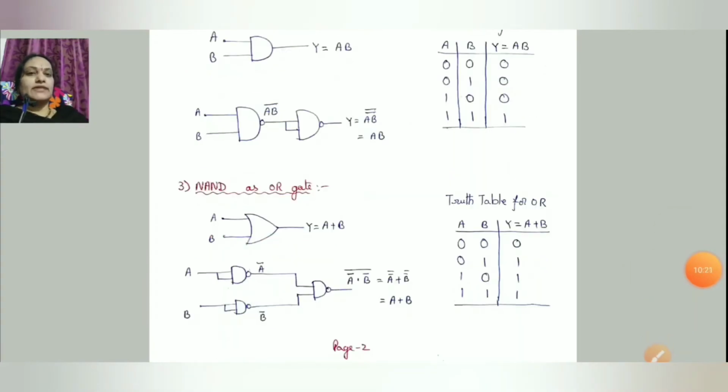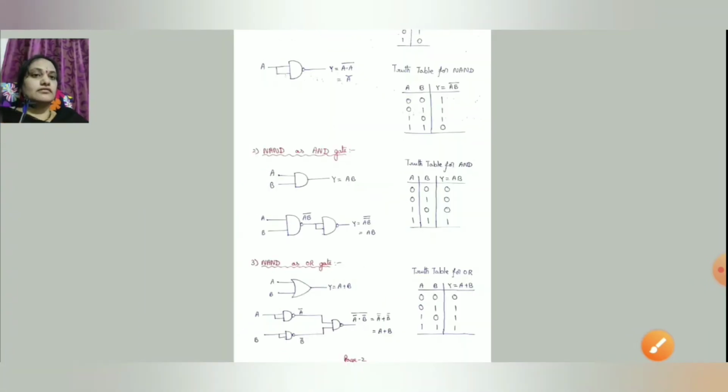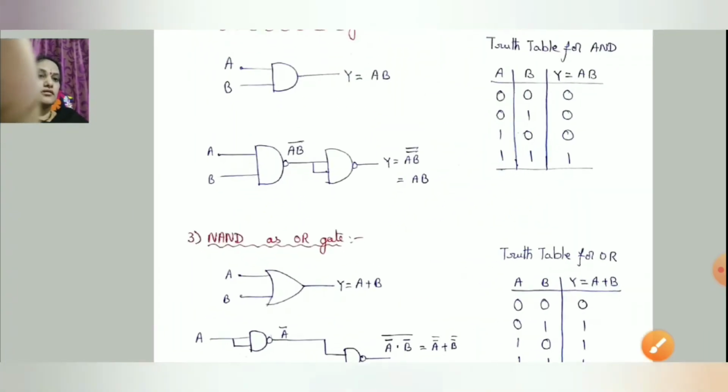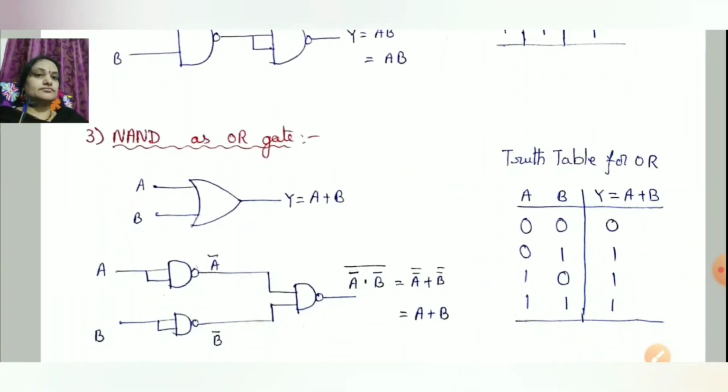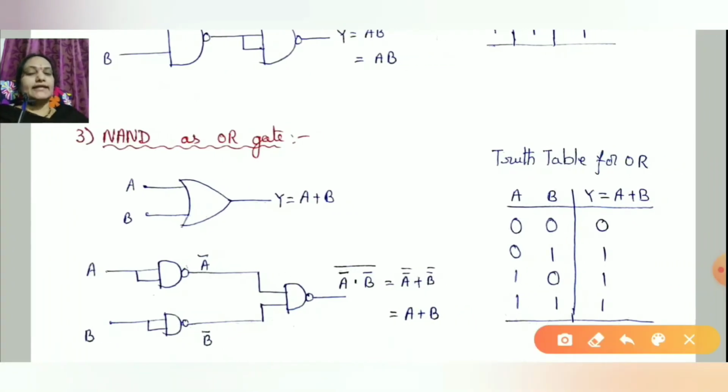Now let me explain how a NAND gate can be used as an OR gate. This is the symbol for the OR gate and this is the expression for the OR gate, that is the addition of two inputs.